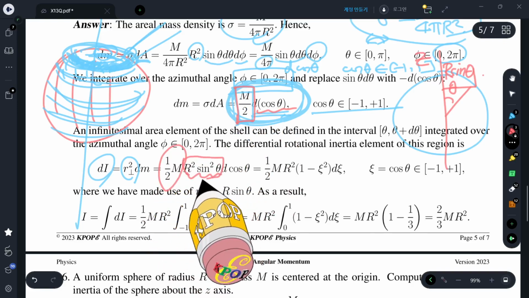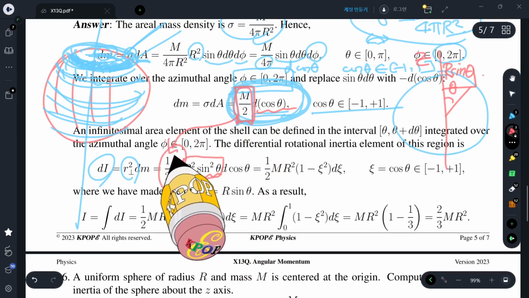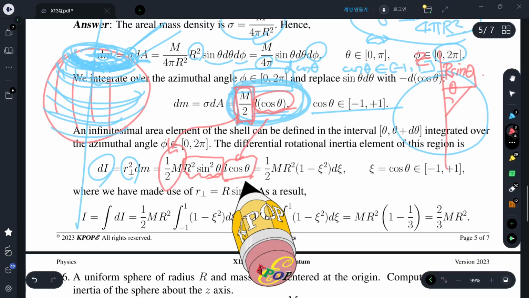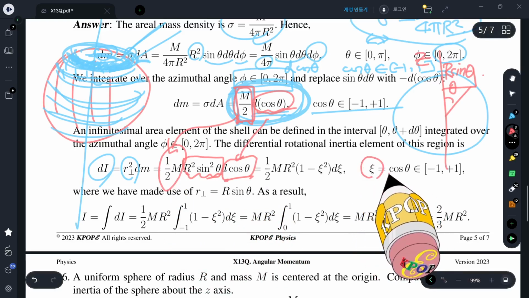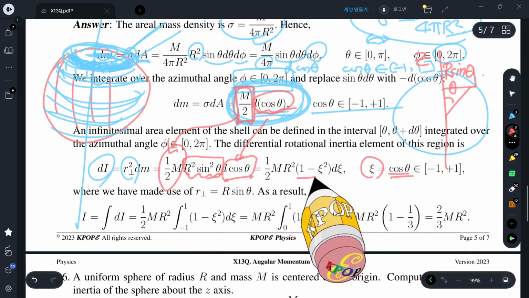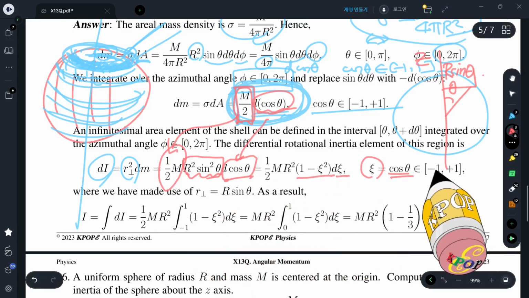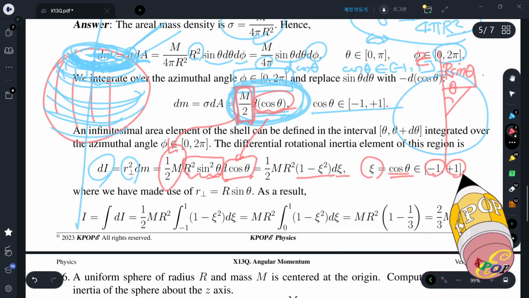This is the radius squared. For simplicity, we introduce c identical to cosine theta. So sine squared is 1 minus c squared, d cosine is dc, and we integrate from -1 to +1.